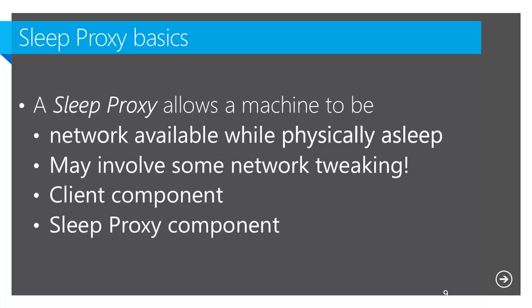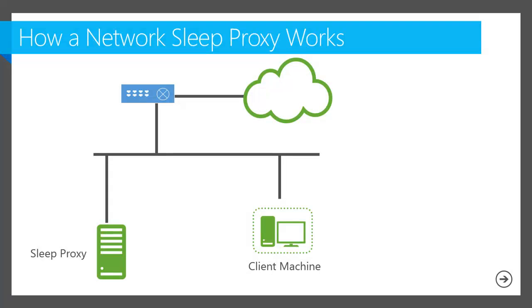But it actually turns out that it was quite a good discovery because we can share it with you. So the client component, once you've got that rolled out, got your network tweaked if it needs to be, how does it actually work?